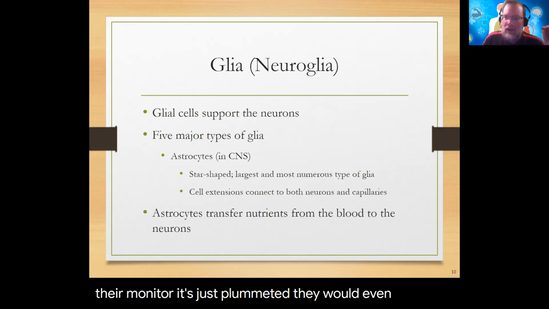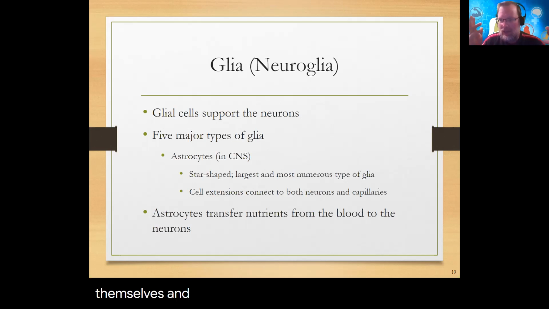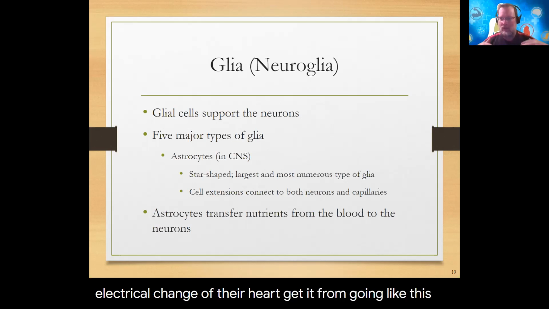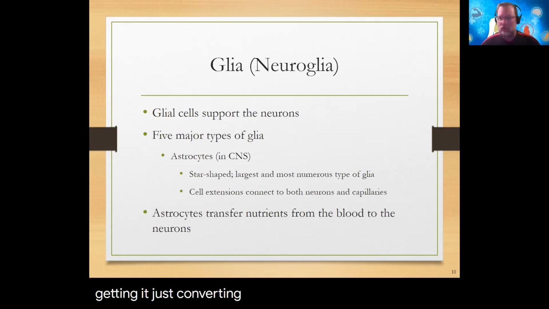They would even feel themselves and say that they converted to the normal set point. They could literally feel the electrical change of their heart, converting almost instantly, just from the environment, from being in that setting.